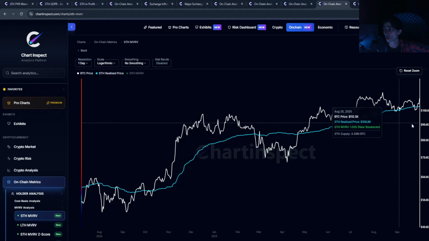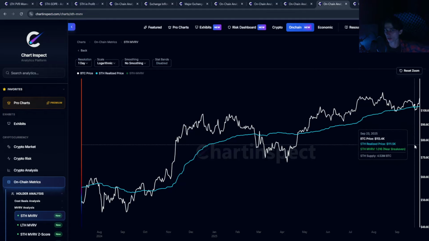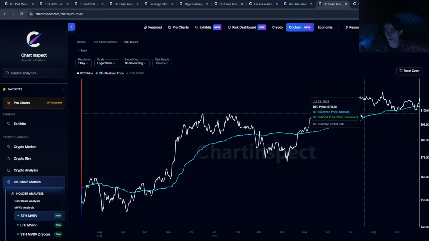If we break below this short-term holder cost basis and start to meaningfully head down, I'd say that's entering a different territory. That's where realized losses would start to spike meaningfully. We'd start to see people who bought at higher prices start to capitulate.